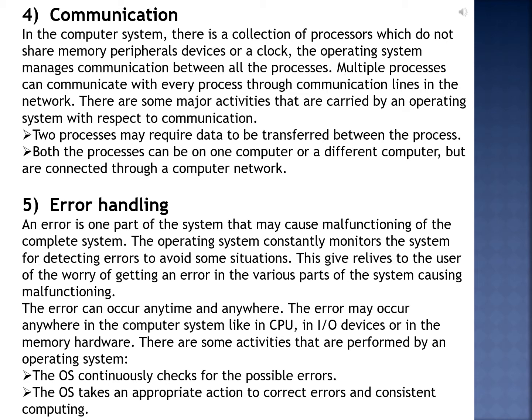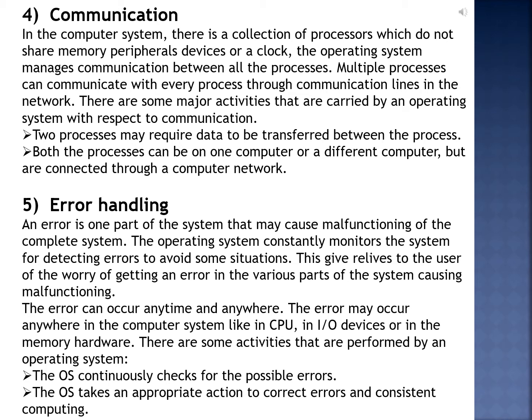There are some major activities that are carried out by an operating system with respect to communication. Two processes may require data to be transferred between them. Both the processes can be on one computer or on different computers but connected through a computer network.